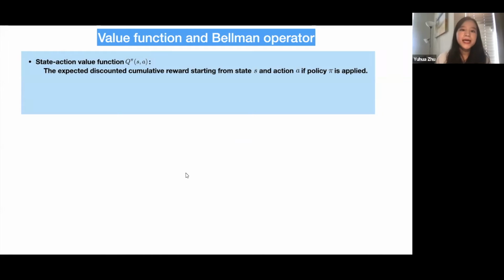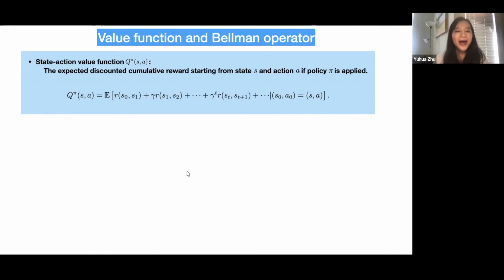So we're interested in the state action value function Q pi. Q pi is the expected discounted cumulative reward starting from state S with action A. And this discount factor gamma is a constant between 0 and 1.